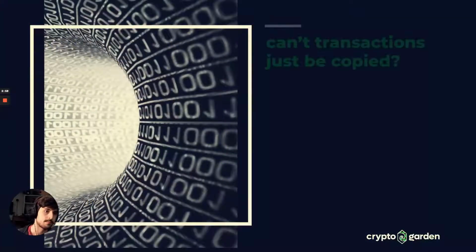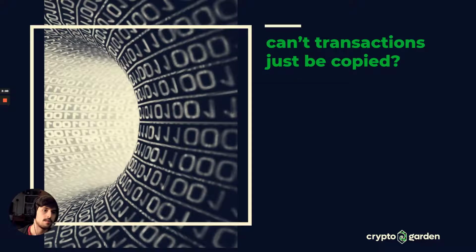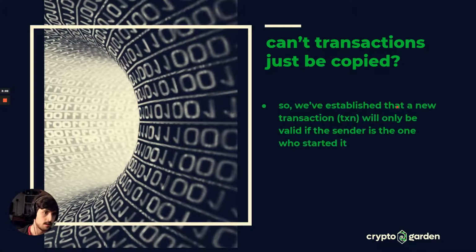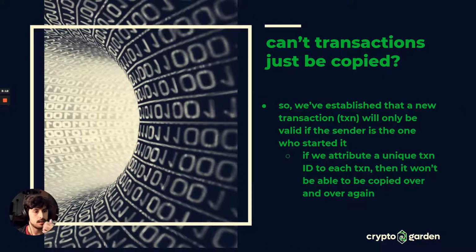Okay. So can transactions just be copied? We have now established that a new transaction will only be valid if the sender is the one who started it. Like, I can't write that Pete sent me 100 oranges. But can't I just copy? Like, if Pete sends me 1 orange once, can I just copy it, so that Pete sends me 1 orange, Pete sends 1 orange, and I get 100 oranges anyway?